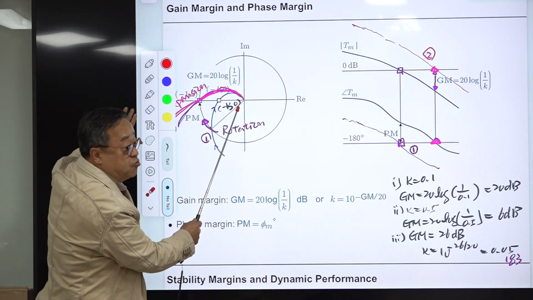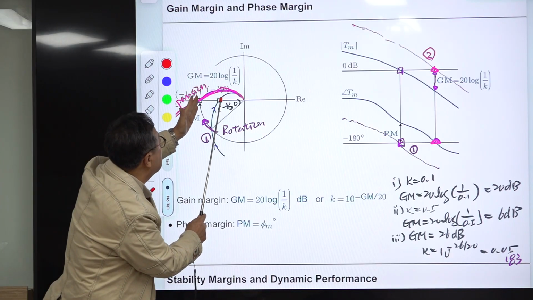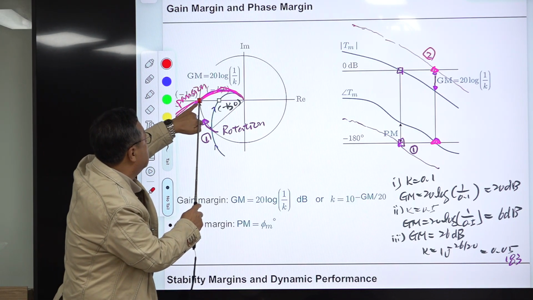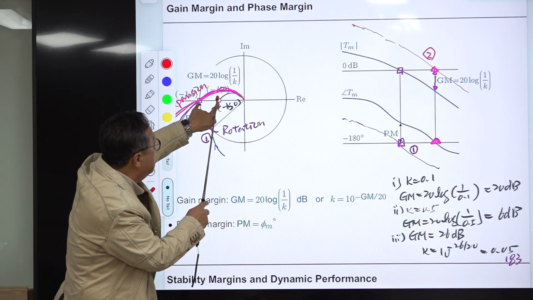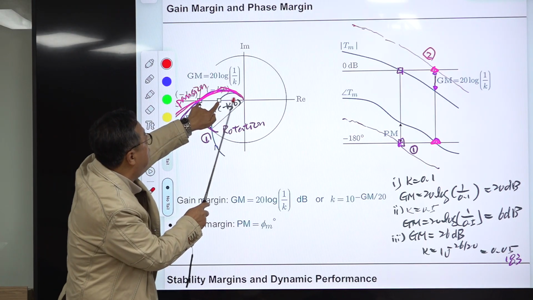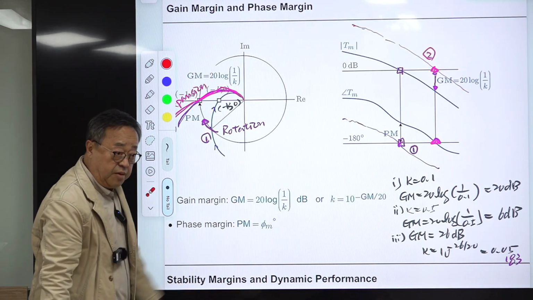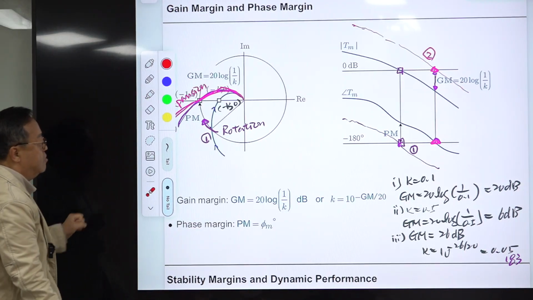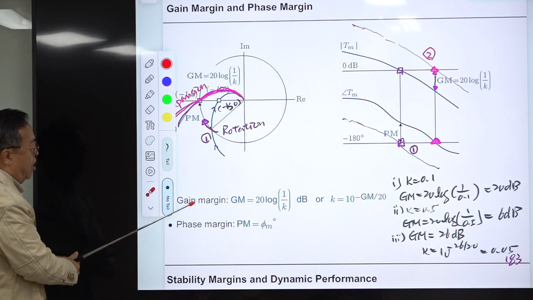How much we can go is related to the distance between this critical point and this point. This point is the loop gain magnitude when the phase of the loop gain drops to minus 180 degrees. Okay, that is the definition of the gain margin.